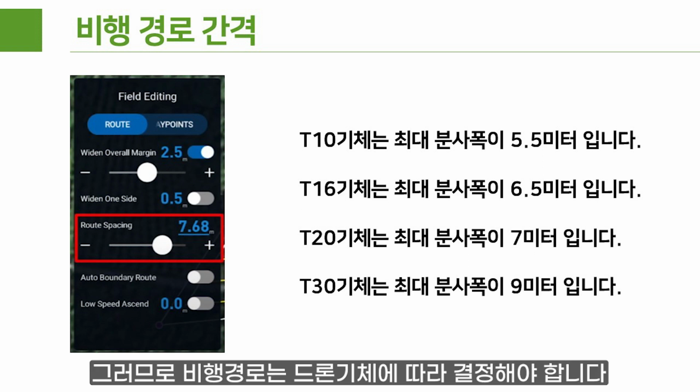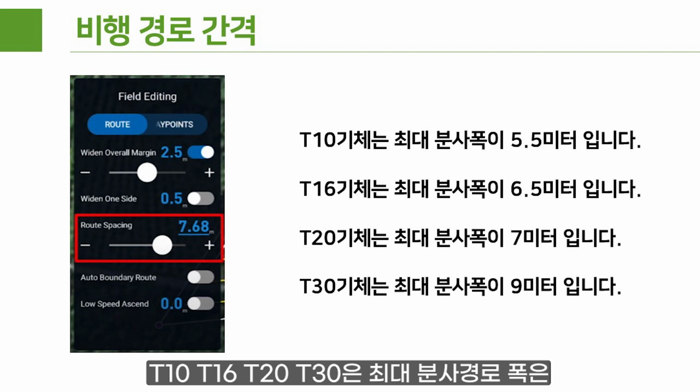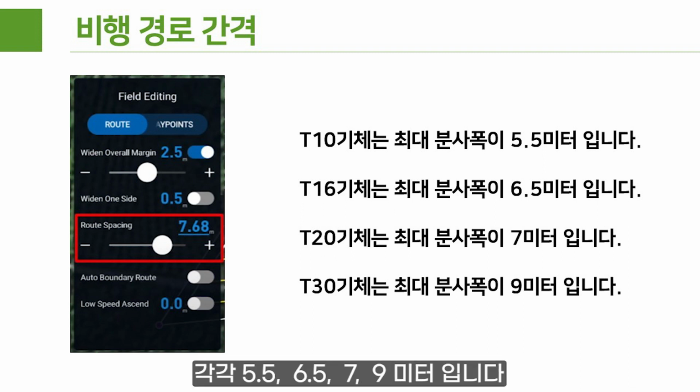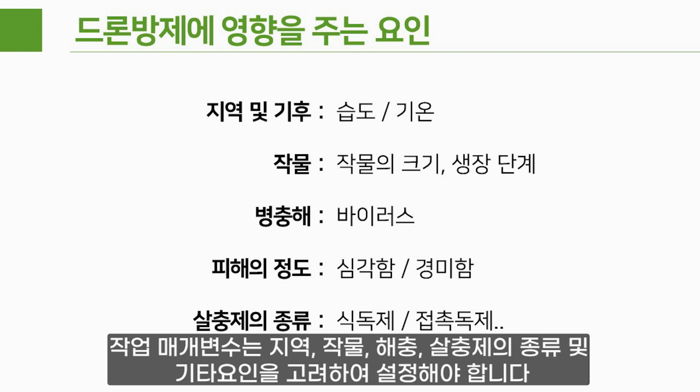Therefore, the row spacing should be set differently for different models. The maximum spraying widths of the T16, T20, T10, and T30 are 6.5 meters, 7 meters, 5.5 meters, and 9 meters respectively.